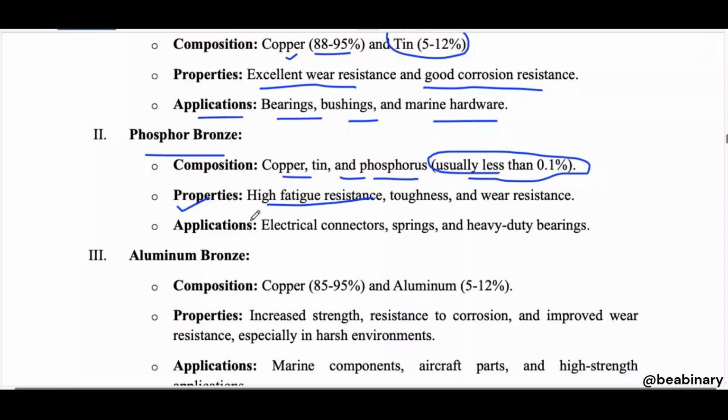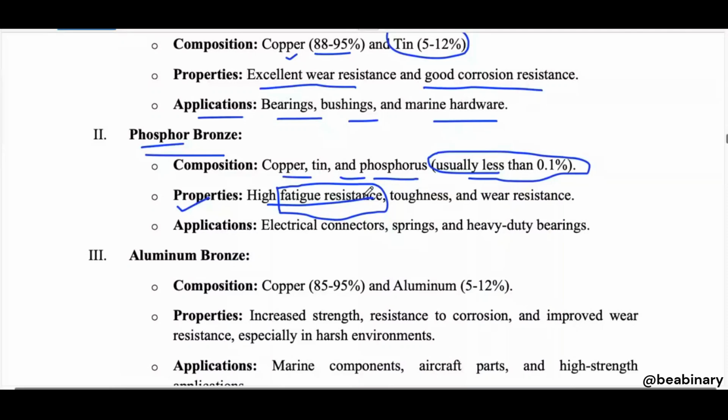So phosphorus bronze has fatigue resistance, so it has a higher limit to bear fluctuating or alternating load. Because of that, it will not allow the component to fail through fatigue very early. It will have more life. Whatever material we design, everything has its end time. Everything has to come to an end. But the limit means you are increasing the life.